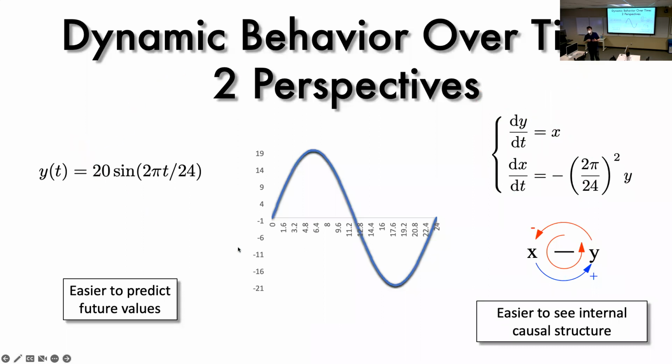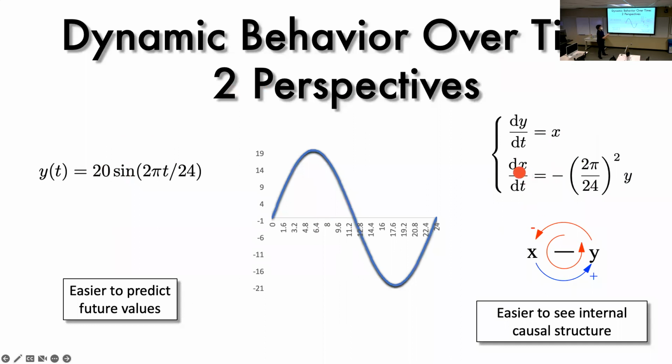If you would like to try an at-home exercise, you could take this y function here and take its derivative with respect to time. I think you'd find that what you get out is another thing that you could call x. And if you took the derivative of that x with respect to time, you would find that what you get out is exactly the same thing here times this factor. So just taking two derivatives of this thing will give you this thing over here.